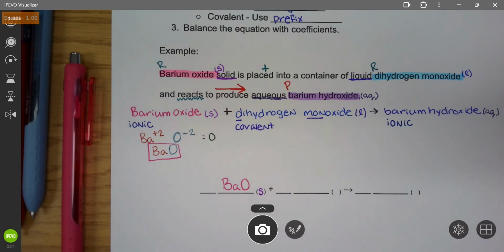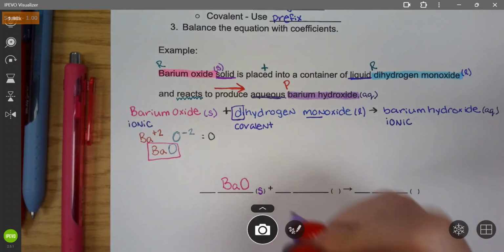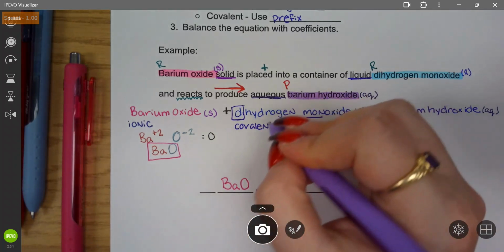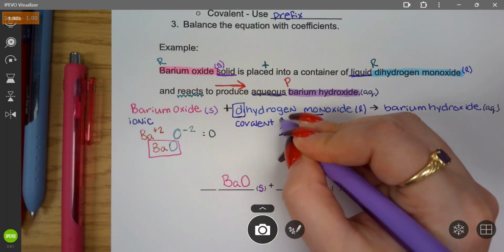So next up we have dihydrogen monoxide. That is a covalent compound. So we're not really looking at the elements per se, we're looking at the prefixes. So I'm going to look here for what my prefixes are. I have the prefix di. Prefix di means 2, so I'm going to have 2 of whatever my first element is. Specifically, that'll be hydrogen.